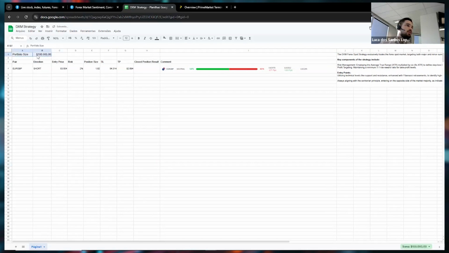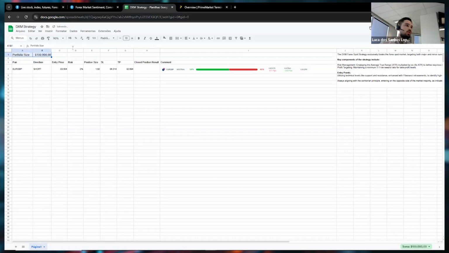What sort of portfolio size would you be looking to trade? Usually what's the size of your accounts? Between 1,000 to 5,000, between 5,000 to 10,000, between 100 to 1,000. I will be looking to do $5,000. Okay, so the portfolio size will be 5,000 US dollars.